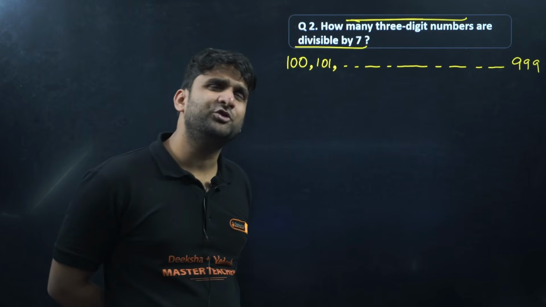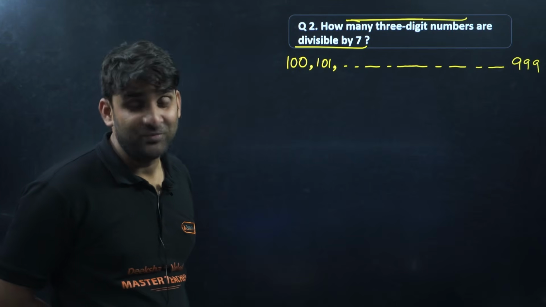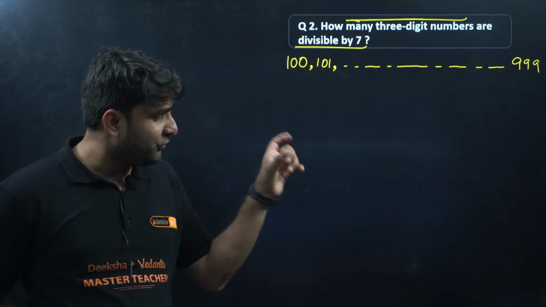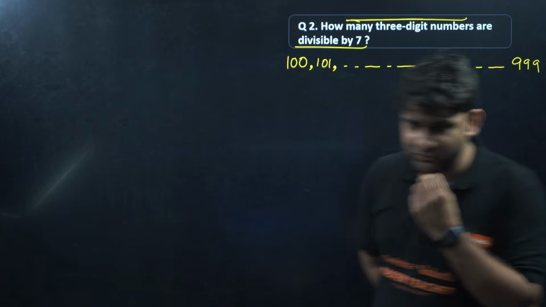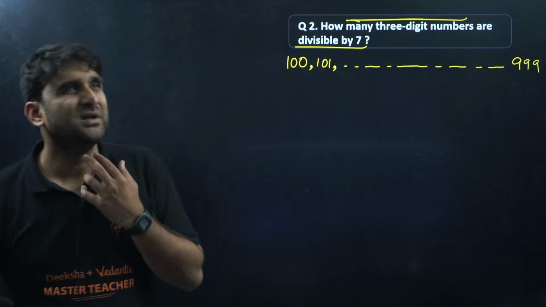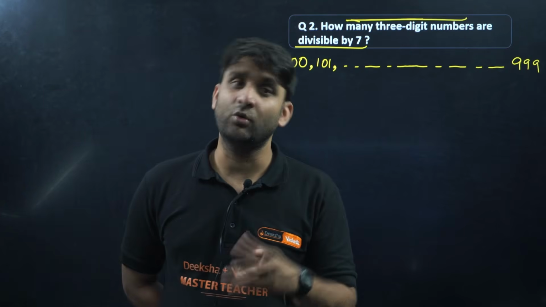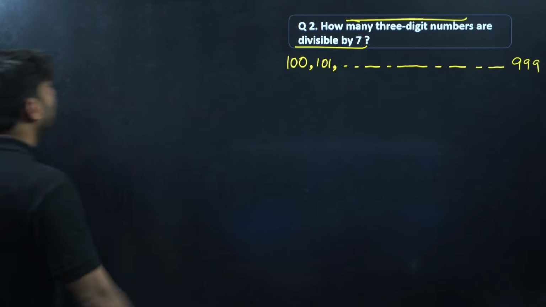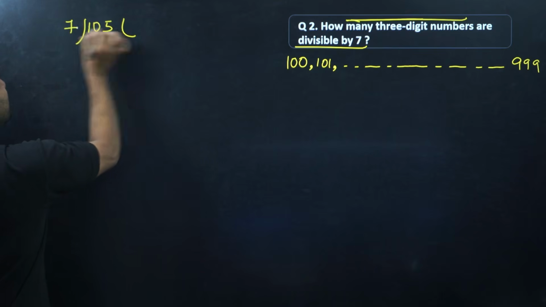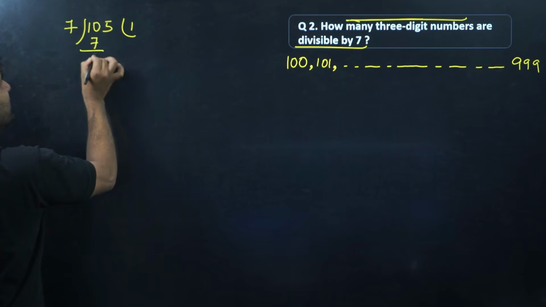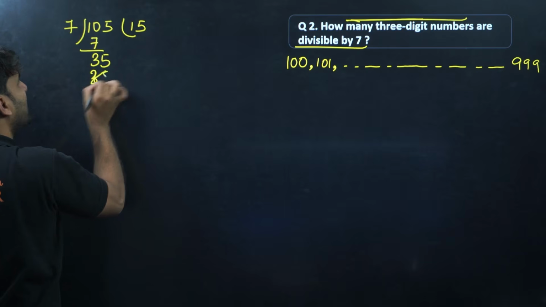Let's talk about 105. Yeah, 105 can be divided. 104 can't be divided because 4 is the unit digit, and in the table of 7, 4 never comes up at the unit digit. Can we check? 7 1s are 7, 7 2s are 14, 21, 28, 35, no. So the first 3-digit number, let's check, 105, it can be divided by 7. 7 15s are 105.